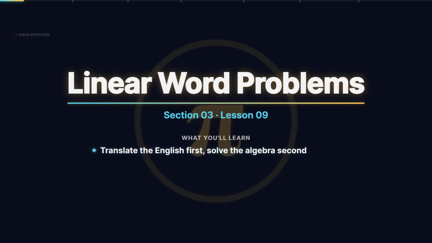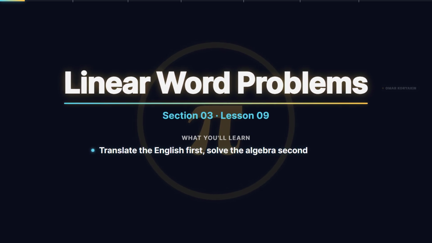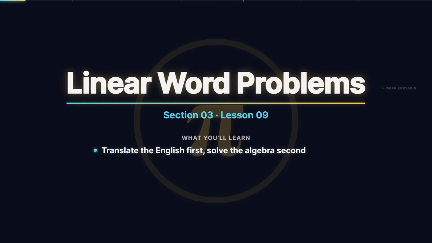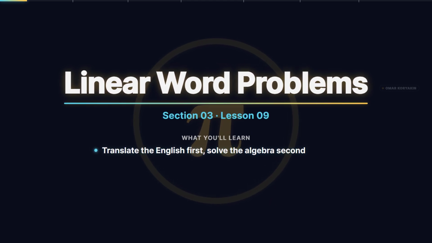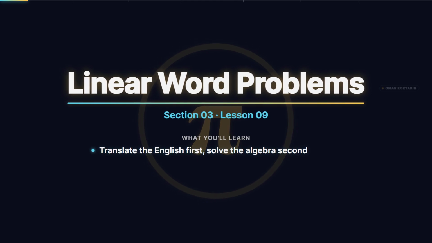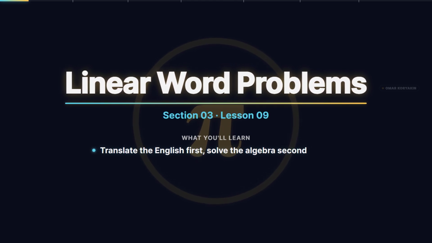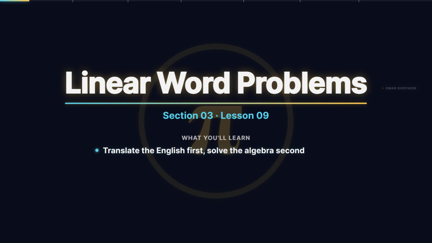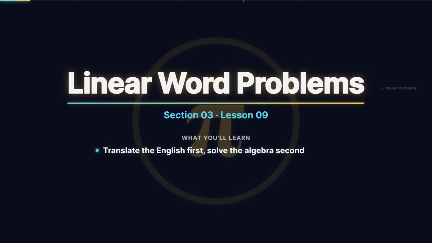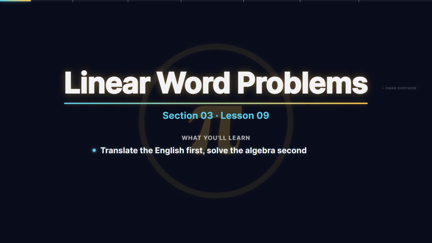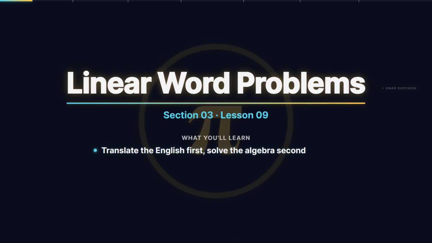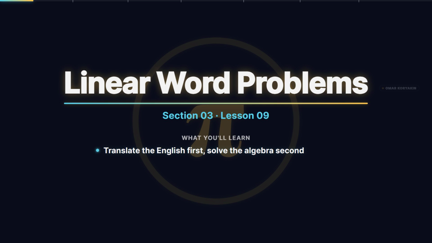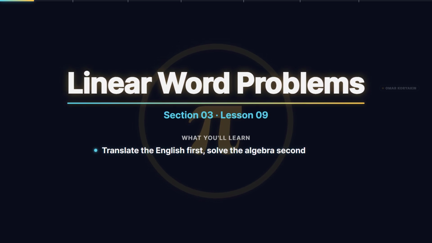First idea on the board. A word problem is an English description of a situation that asks for a specific numerical answer. The path from the English description to the answer goes through 3 intermediate stages: a variable definition that names the unknown, an algebraic equation or inequality that captures the relationships described in the English, and a solution to that equation that produces the answer.